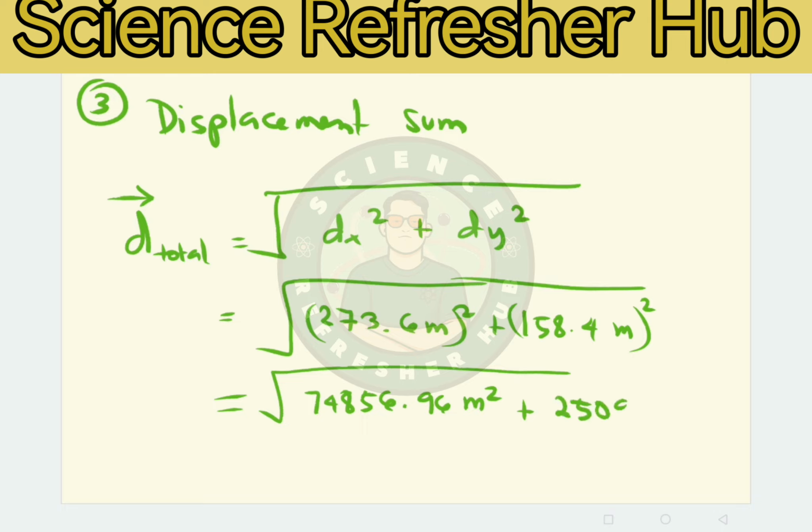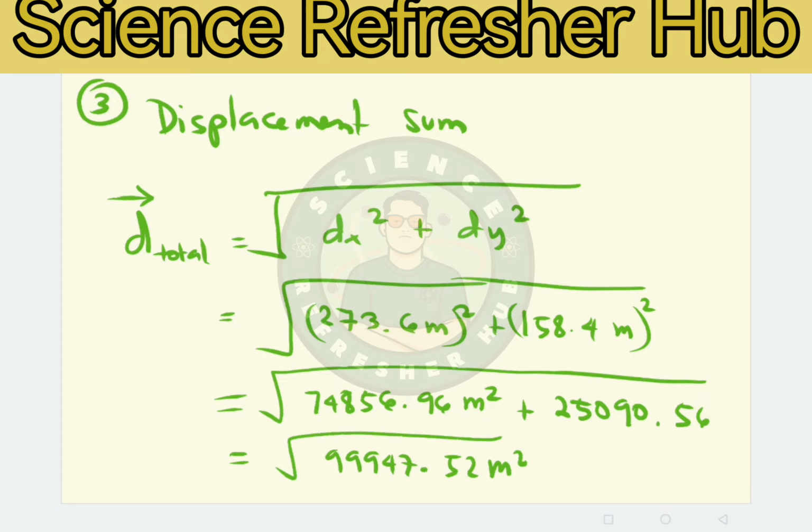So that's 25,090.56. Then let's add 25,090.56 plus 74,856.96. The answer is 99,947.52 meter squared. Let's get the square root.